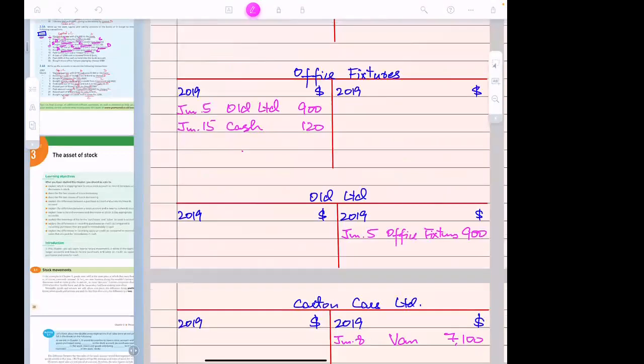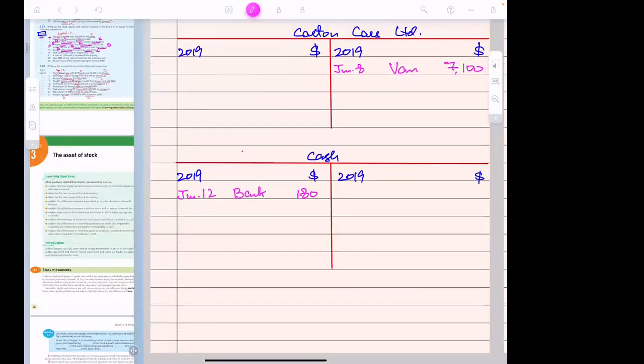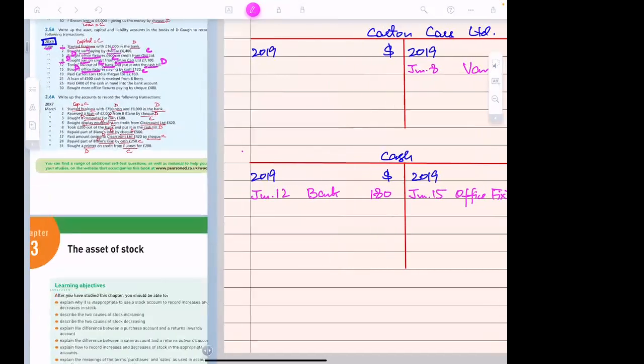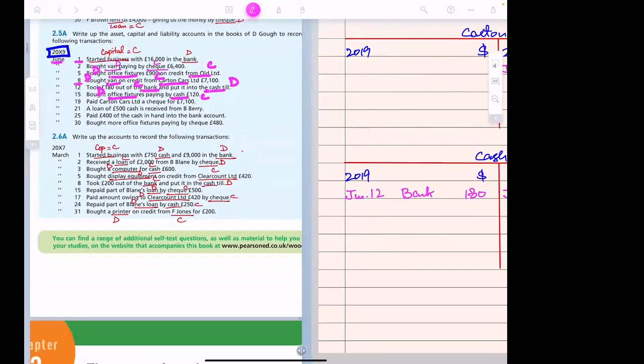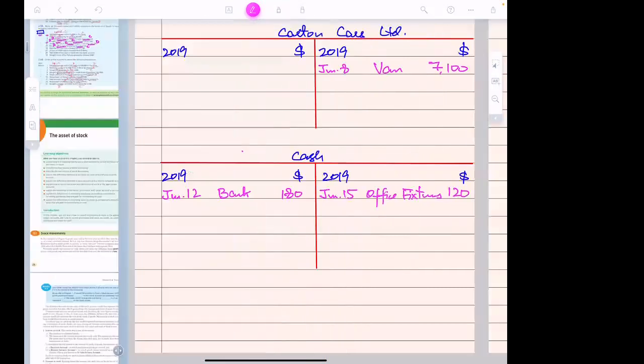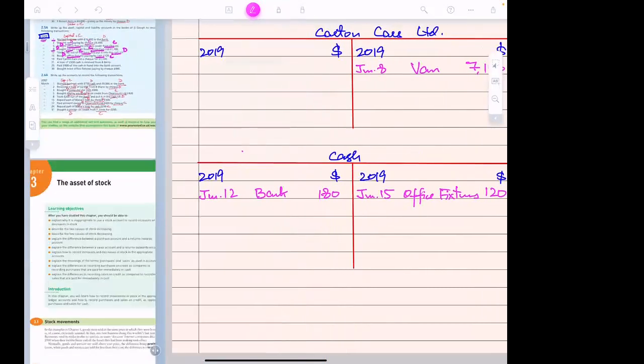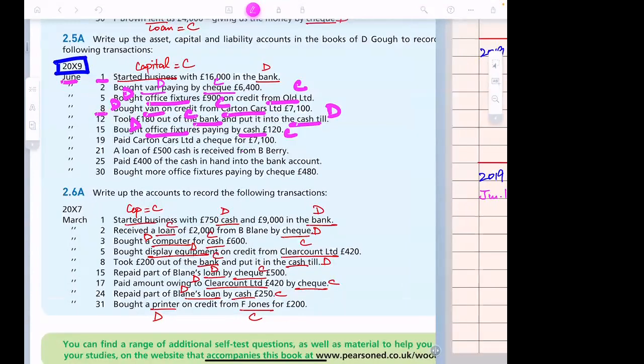So office fixtures debited and cash is credited. So we write office fixtures and the amount was 120.